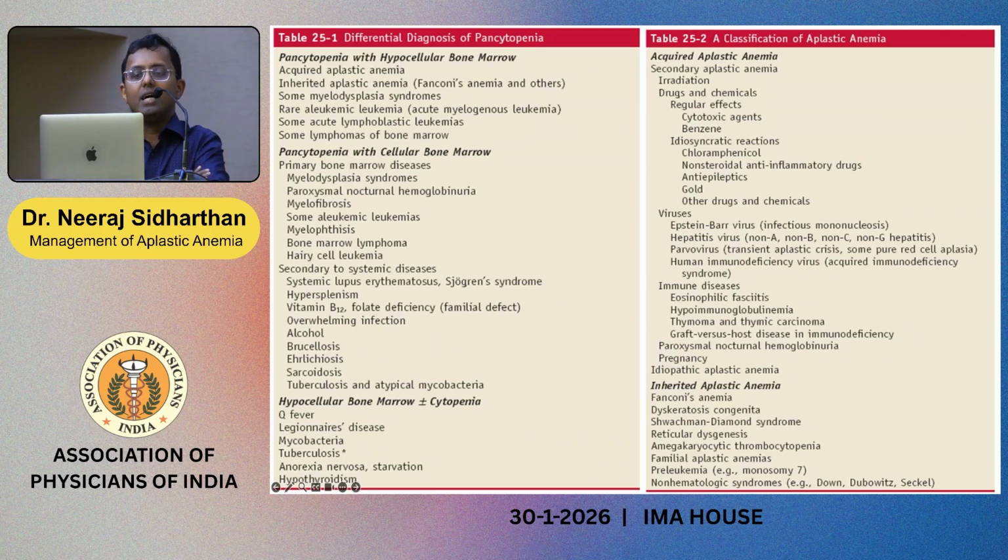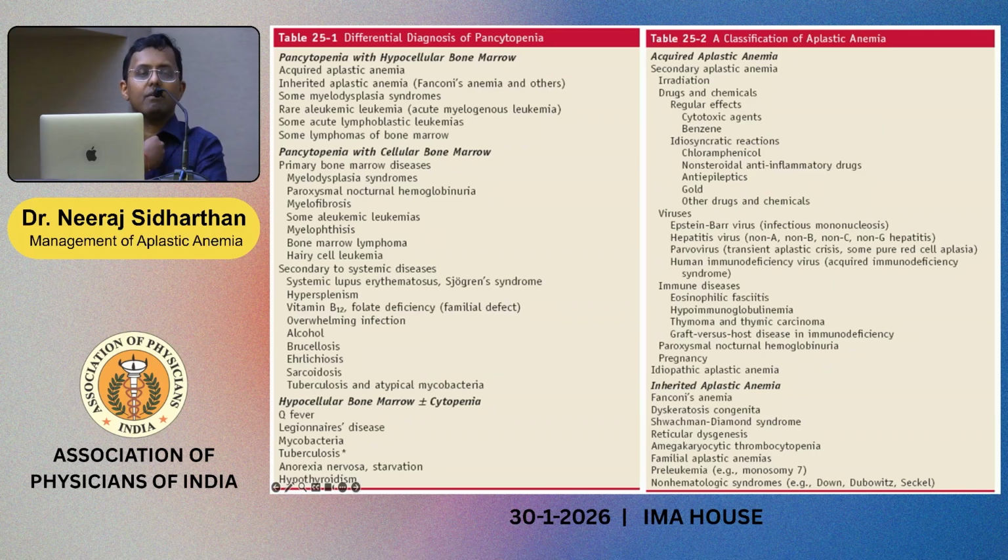You say, benzene is one of the very, very frequently quoted culprits in causing aplastic anemia, especially industrial exposure to benzene and irradiation. One of the classic ways where we see irradiation resulting in aplastic anemia is when you give pelvic irradiation in some cancers, and then you develop aplastic anemia.